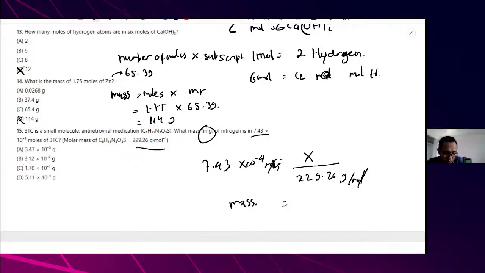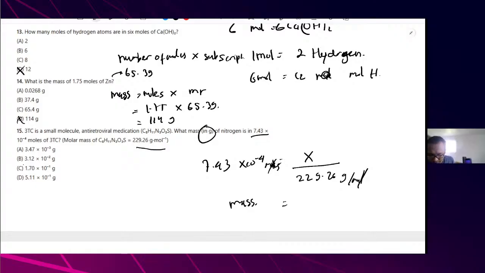Nitrogen here is 3, right? Yes. Okay, should be D, probably number 15.